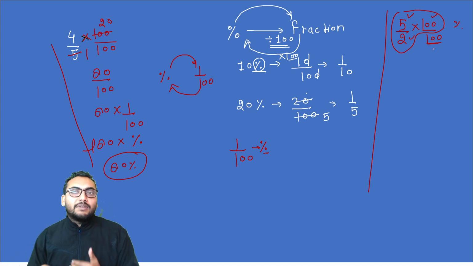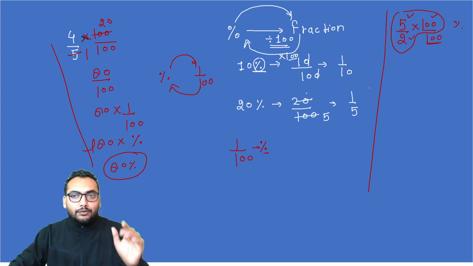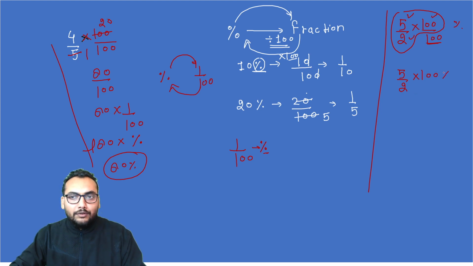Every time this 1 upon 100 will be converted into percentage, so there is no need to write it again and again. So whenever you change a fraction into percentage, you just multiply it by 100 like this. So 2 ones are 2, 2 twenty-fives are 50, and 5 fives are 25.